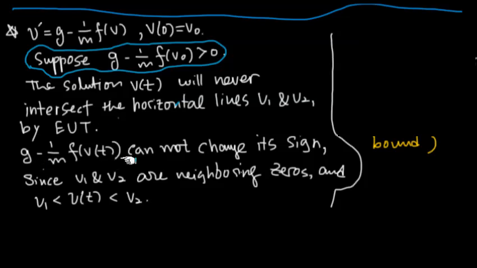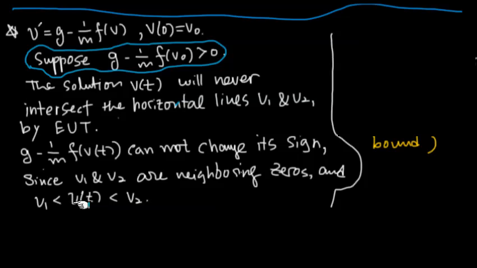And hence it cannot change its sign. It's because v1 and v2 are two neighboring zeros of this right-hand side, and v(t) exists and never crosses these horizontal lines, so it's trapped in between. When it changes sign, it's going to hit 0, continuously changing from one value to another.